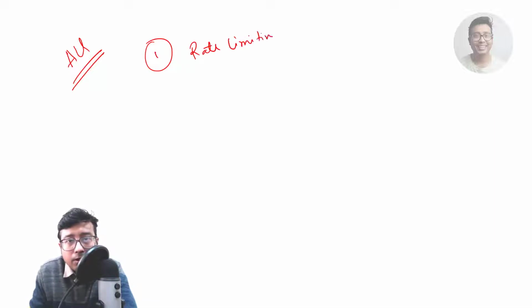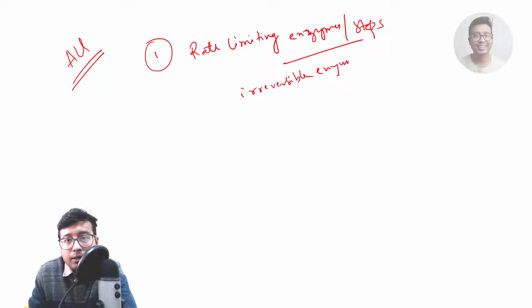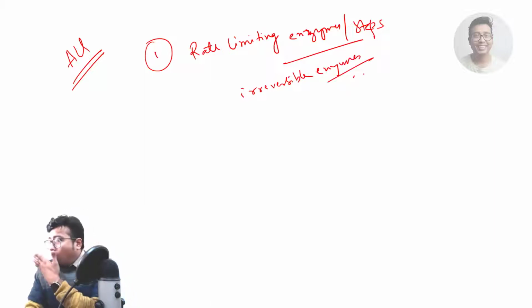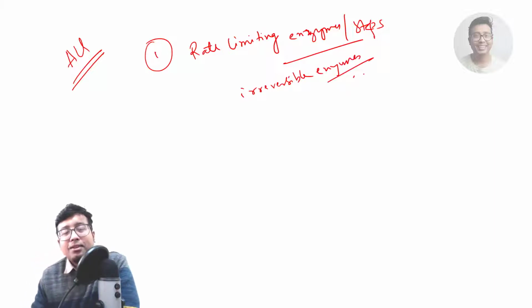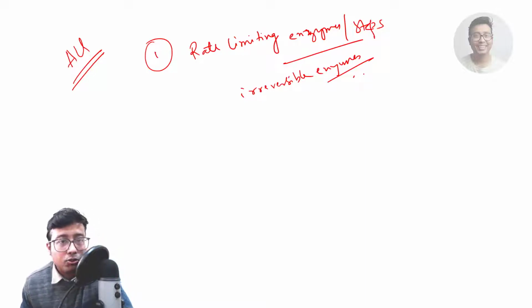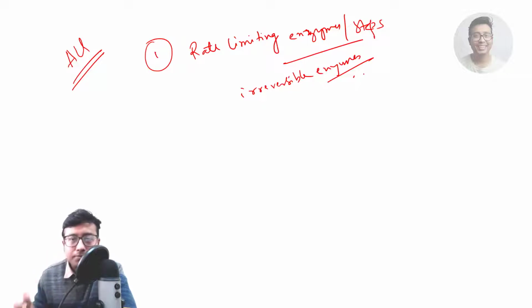So what you need to read? Number one, you need to read the rate limiting enzymes or the rate limiting steps or irreversible enzymes. These are the important things that you need to know in case of glycolysis, okay.